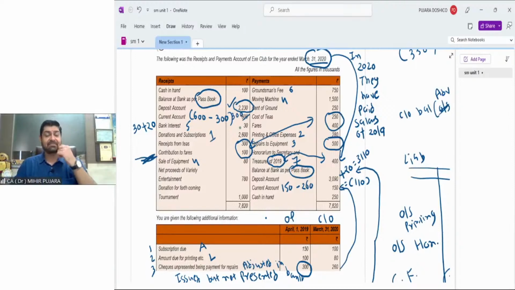And now we are starting with sale of equipments. It is affected by adjustment number 4.